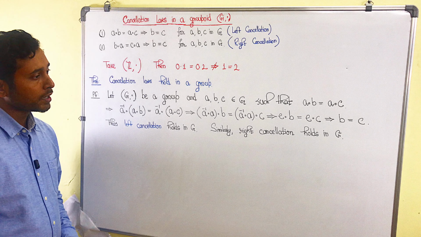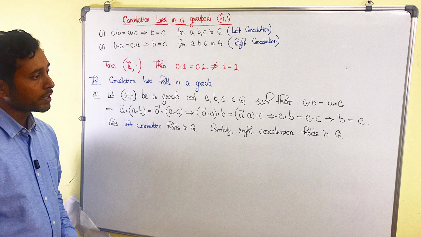So let G be a finite monoid, and we pick an element A in G. We want to prove that A is invertible.